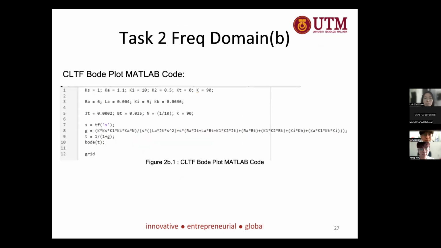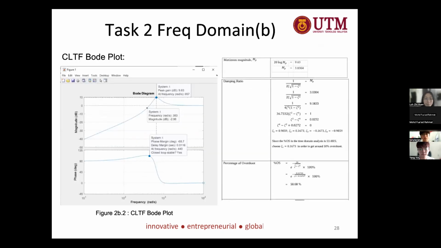Next. This is the closed loop Bode plot function, MATLAB code. Next. From the Bode plot, we can see that the magnitude is 9.63, and then the damping ratio can be found by using the equation by substitution. Then we get zeta is 0.16. Then by substituting zeta into the percentage of overshoot equation, we get that the overshoot is almost 58%.